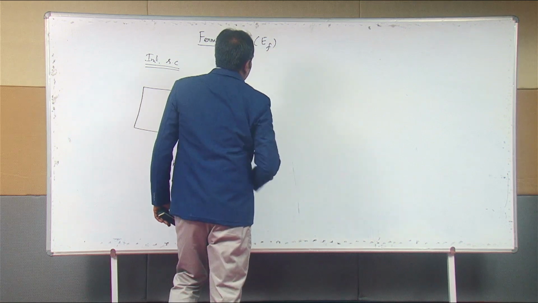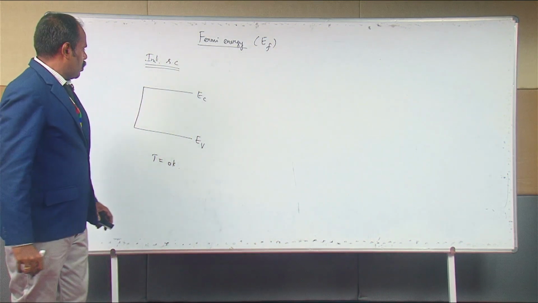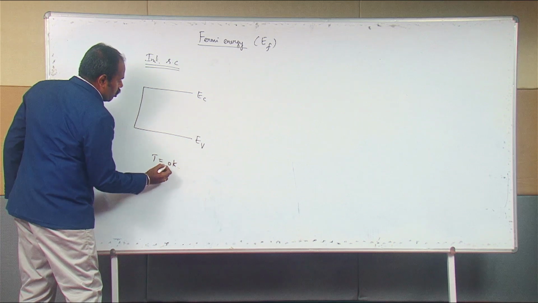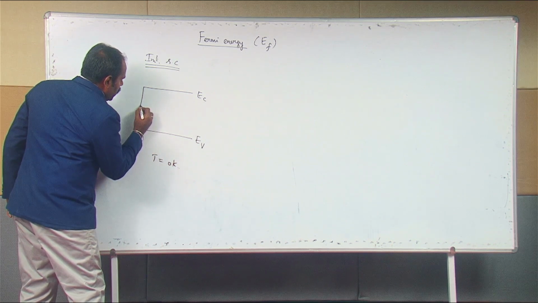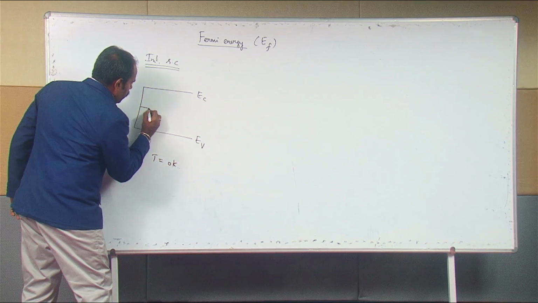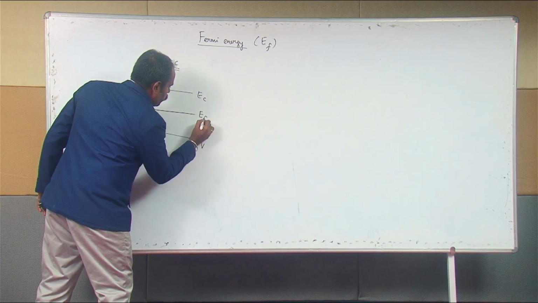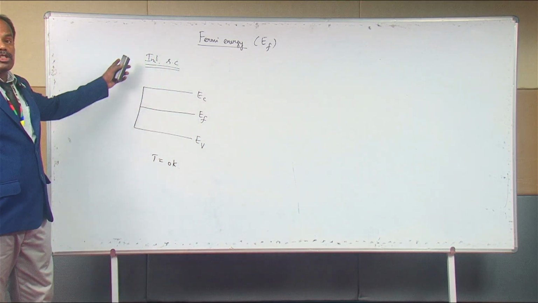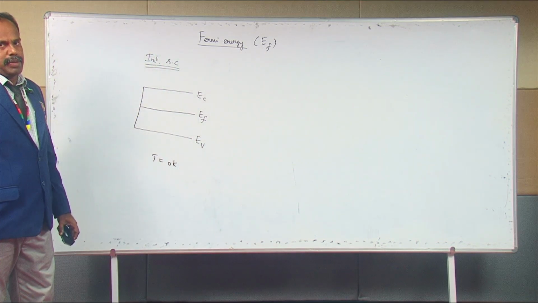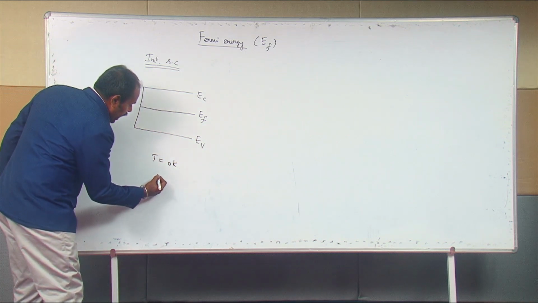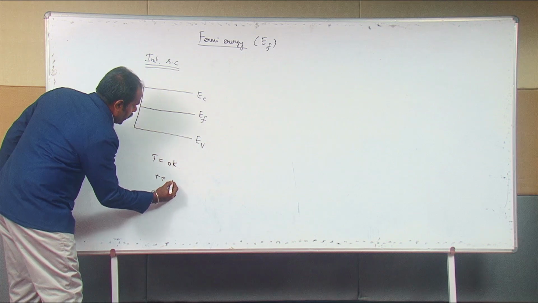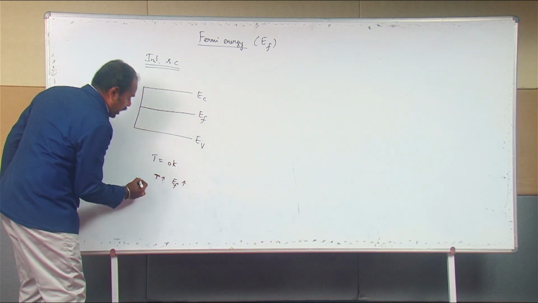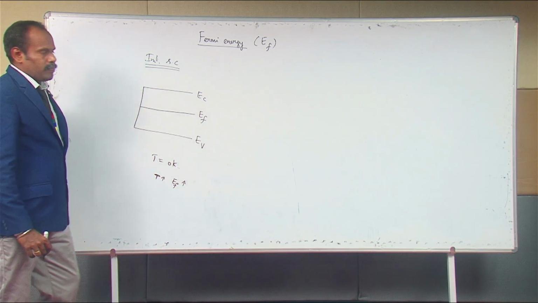If you take the intrinsic semiconductor at T equal to 0 Kelvin, the Fermi energy level will lie exactly at the midpoint between the valence band and conduction band. It is also observed that as we increase the temperature, the value of the Fermi energy will also increase for the intrinsic semiconductor, right?